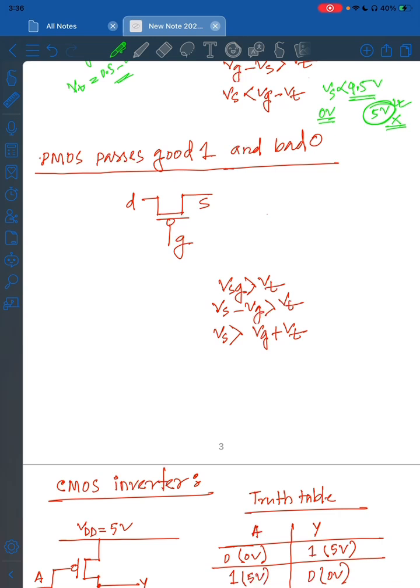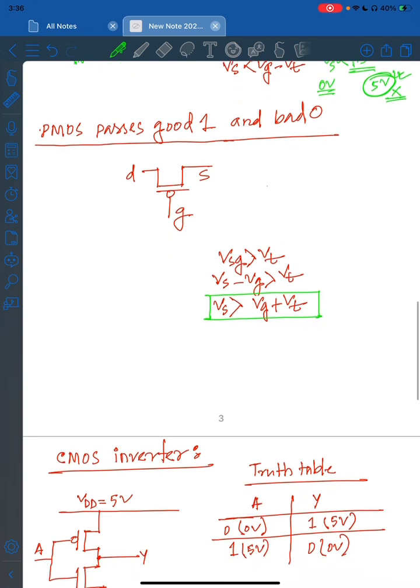For the PMOS similarly we get this condition: VS is greater than VG plus VT, and VG here in this case to turn on the PMOS is 0 volt, so VS must be greater than 0.5 volt.